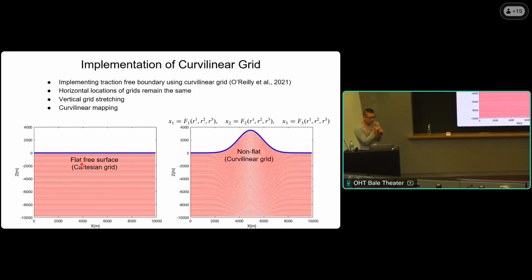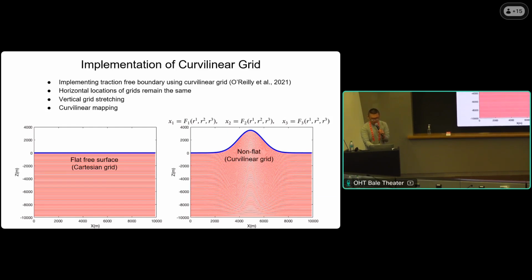But we know it's not true. It's anything but flat. We have mountains, we have valleys, we have different features at the surface of the Earth. So we now implement curvilinear grids to include the actual surface topography, as you can see right here on the right.